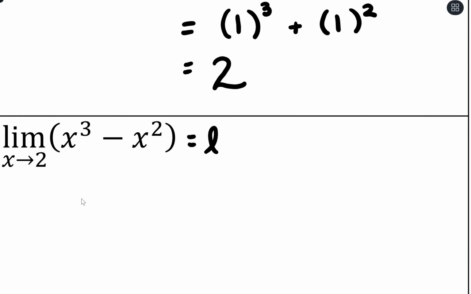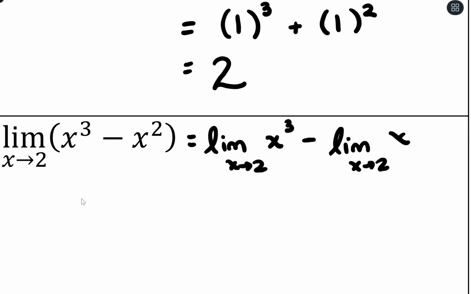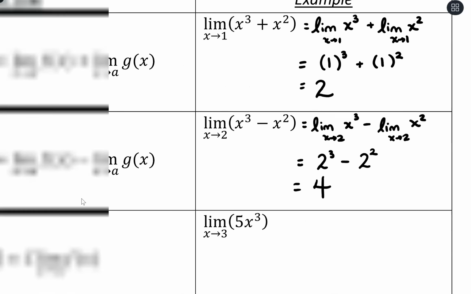So this would be the same as evaluating the limit of x cubed minus the limit as x approaches 2 of x squared. Again, this is going to come from the y coordinates on those graphs, so it's going to be 2 cubed minus 2 squared, so 8 minus 4 for 4.